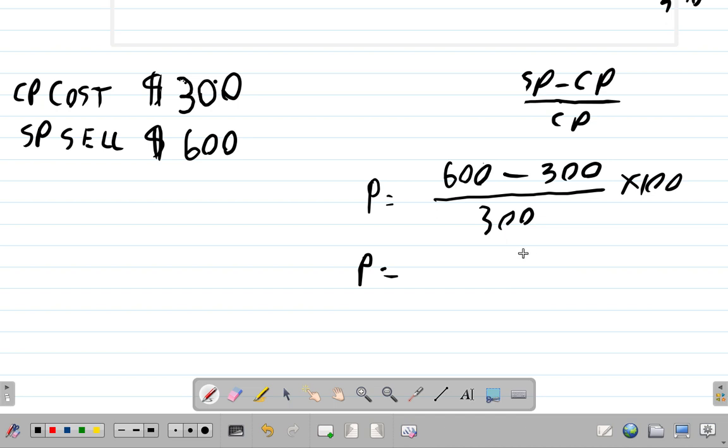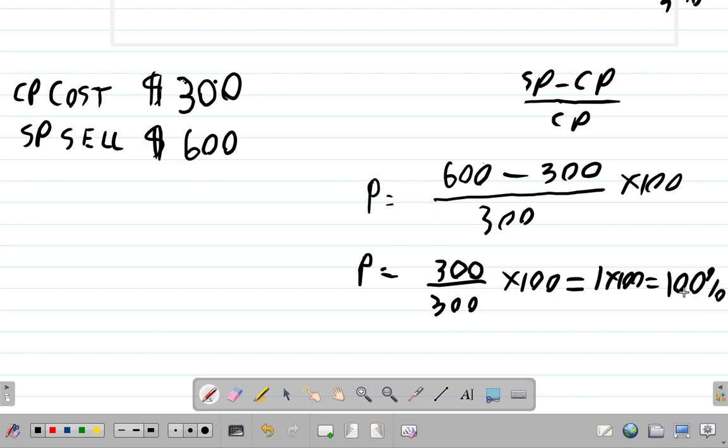So you have 600 minus 300, which is 300 over 300 multiplied by 100. What you have is 1 times 100, which is 100% profit, which is the case, right? That is what happened. 100% profit.